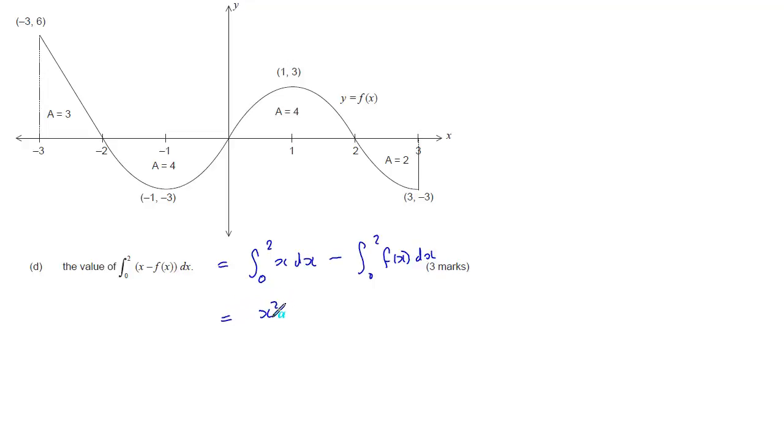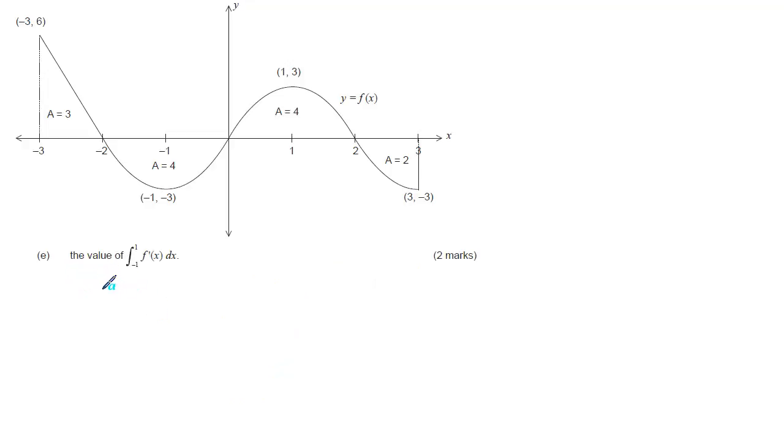So this is going to be x squared over 2 evaluated from 0 to 2, and the integral of f of x from 0 to 2 we can see is 4. So that's going to be 4 over 2, so that's 2, and then put 0 in and get 0. 2 take away 4, so that gives us -2.